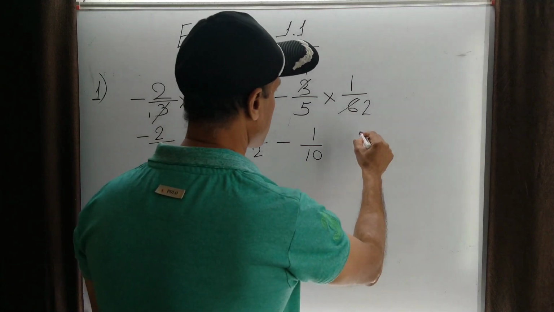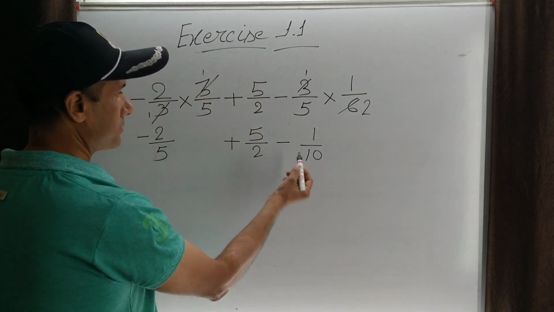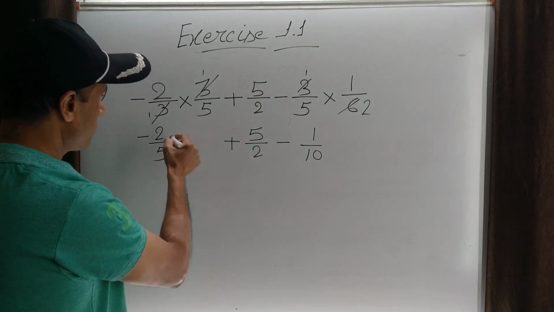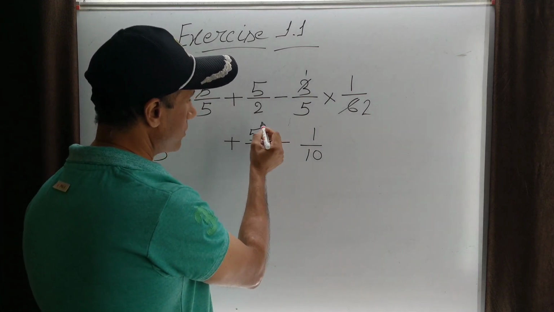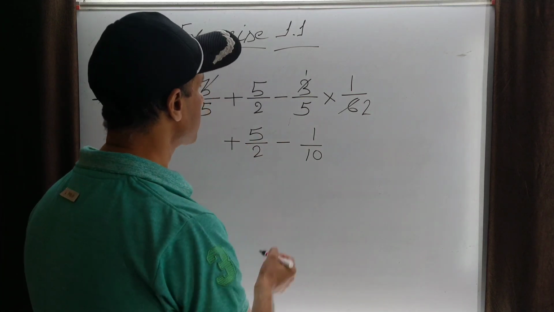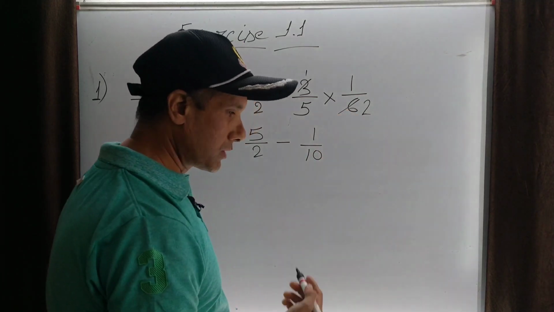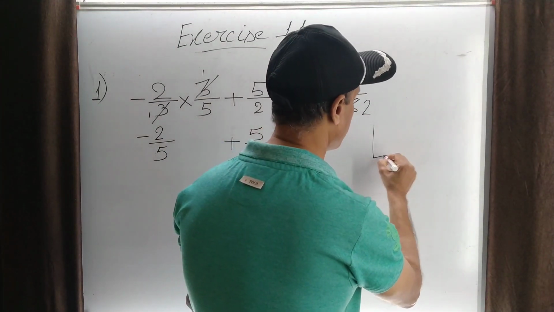You can get 10 here if you multiply both denominator and numerator by 2. You can get 10 here if you multiply both numerator and denominator by 5, and 10 remains like that if you multiply by 1. That is one way of looking at it, and if you want to take the LCM, you can very well take it.